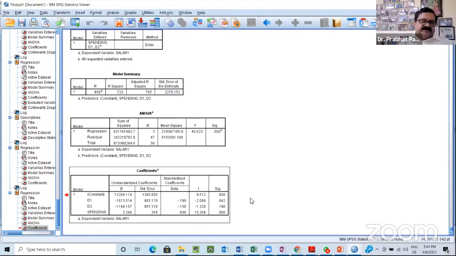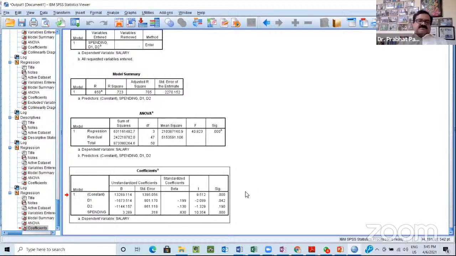And it says that controlling for the government spending, the North people are getting a different salary in comparison to West, while South people are not getting this different salary. They're getting the same salary. The difference is significant for North in comparison to West, not for South.